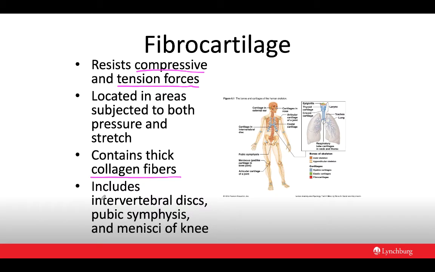Locations of fibrocartilage include your intervertebral discs, the tiny discs in between your vertebrae stacked up on your spine, your pubic symphysis, which is the joint created anteriorly as the two halves of your pelvis come together, and then menisci in your knee, which form these little cushions that help to absorb shock and improve the fit of your knee joints.